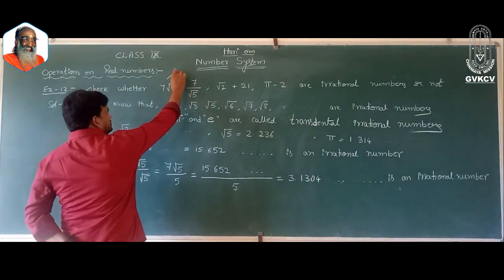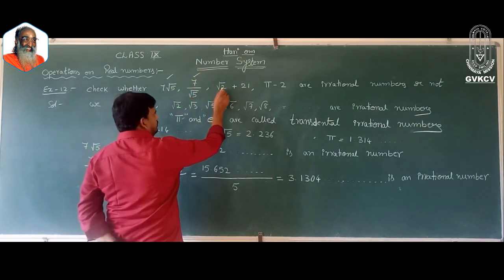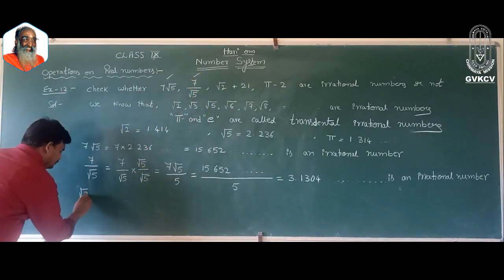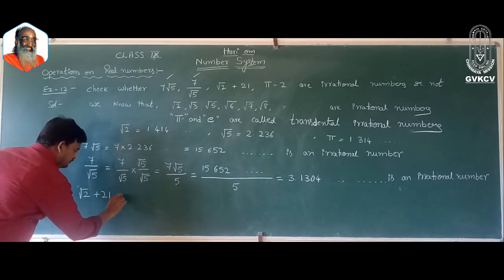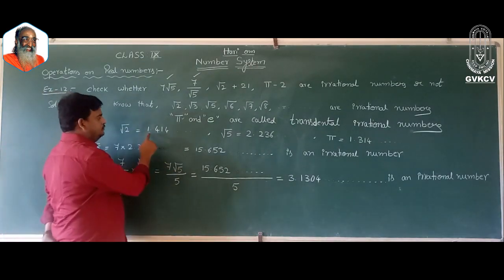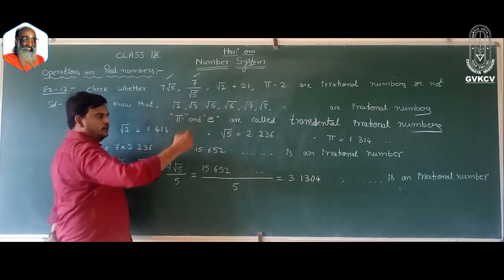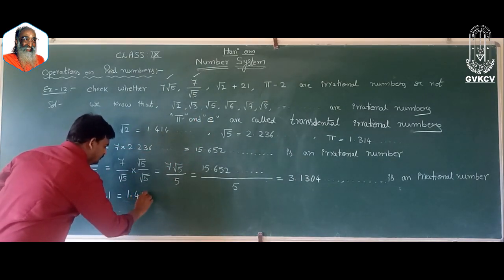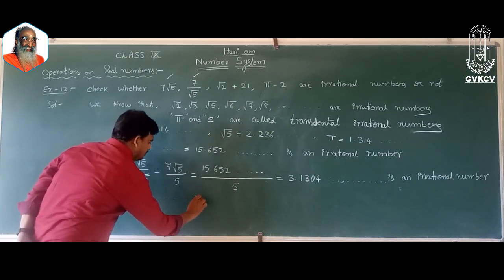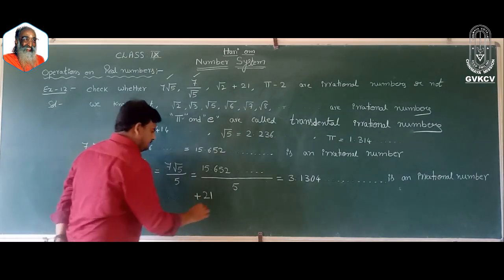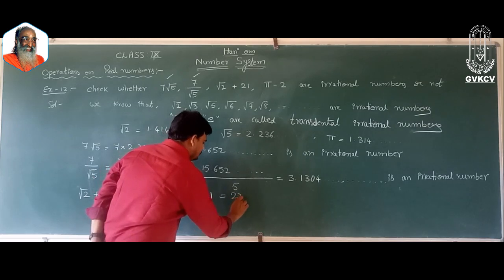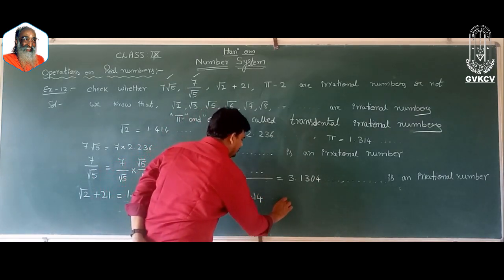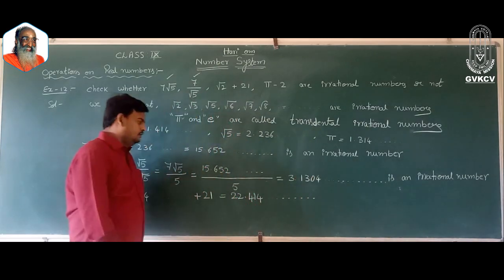Now first is over, second is over. Now we discuss the third one. What is the third one? Root 2 plus 21. What is the root 2 value? 1.414 and so on, plus 20. By adding this we have 22.414 and so on.